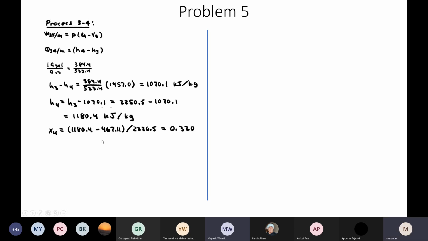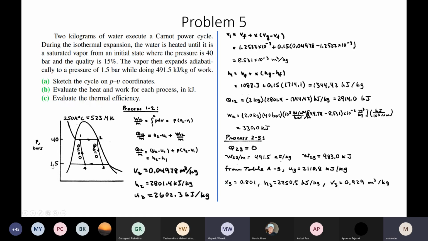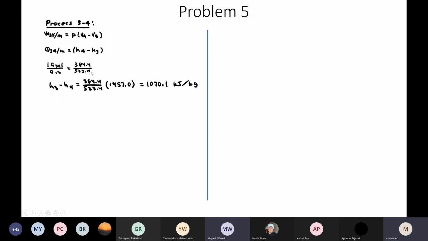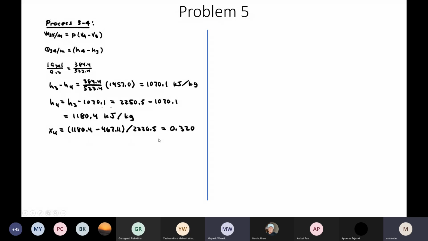Then H4 also calculated. Once you know H4, from your data table of 1.5 bar pressure, saturated vapor enthalpy, you know, saturated liquid enthalpy, you know. Now H4 we have calculated here by following this certain procedure. So that way you can calculate your X4. Once you calculate X4, then you can calculate V4.